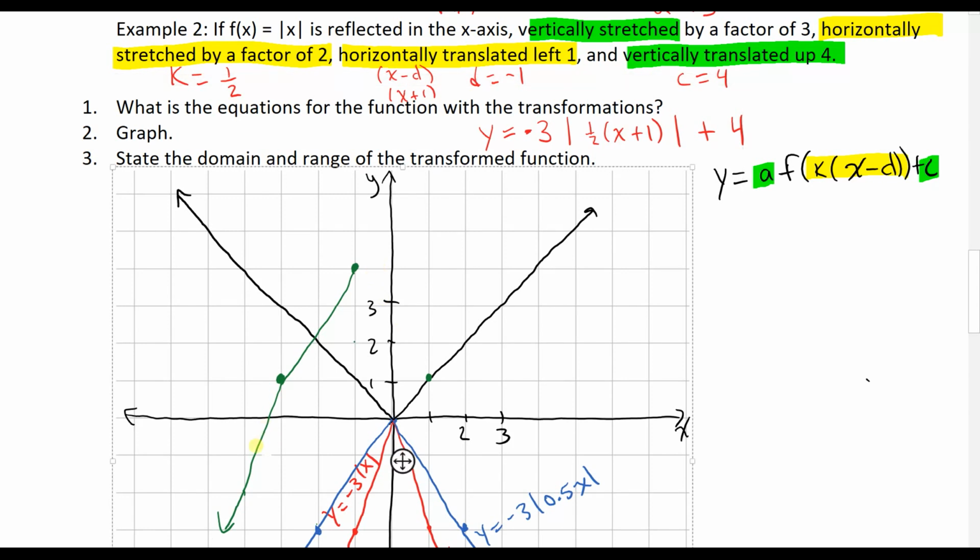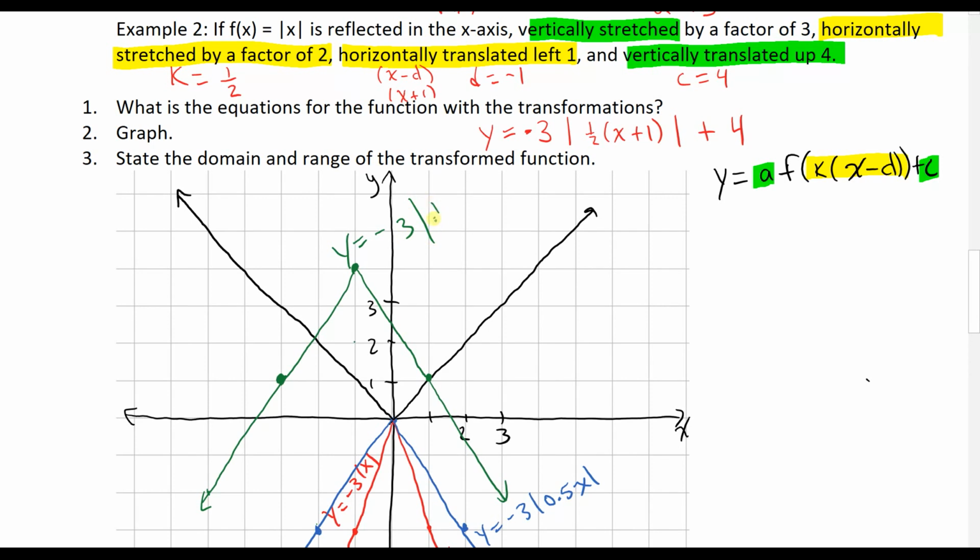Not very accurate. Okay. So now we have our final function. Y is equal to -3 absolute value of 1/2 times x plus 1, plus 4.